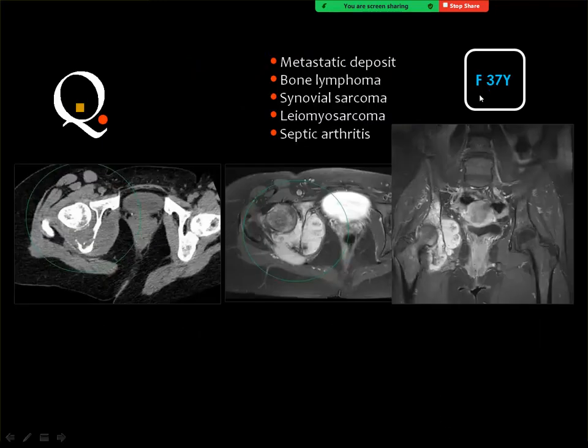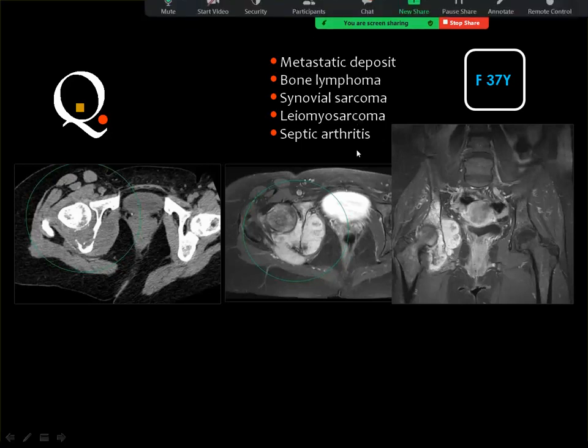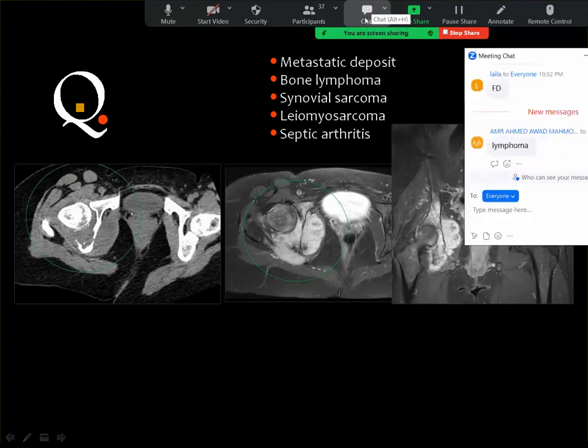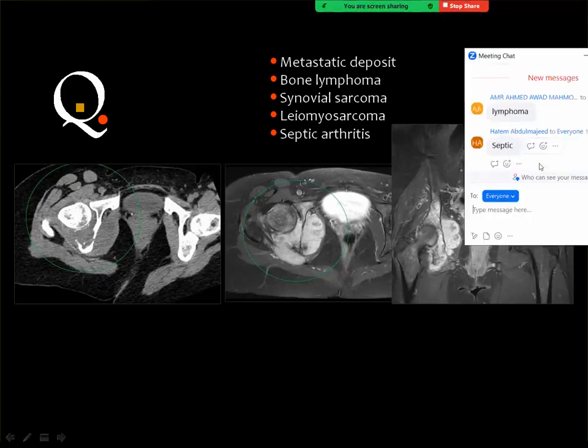Next case is a female patient, 37 years old, with a mass in the region of the right hip joint. The provided differential diagnosis includes metastasis, lymphoma, synovial sarcoma, leiomyosarcoma, and septic arthritis. Lymphoma, septic arthritis, these are the provided answers.